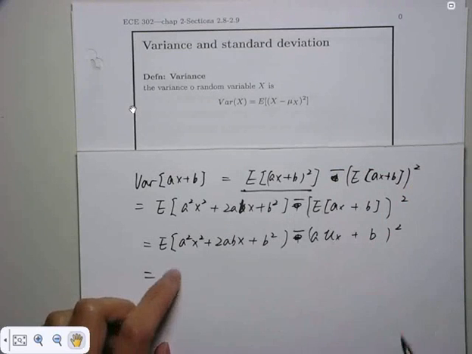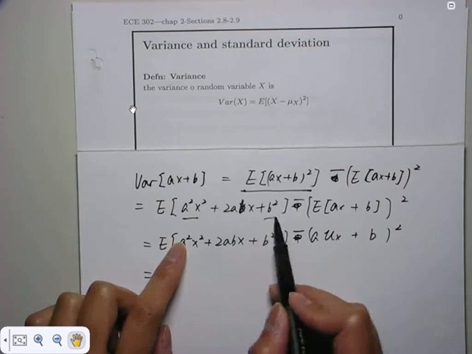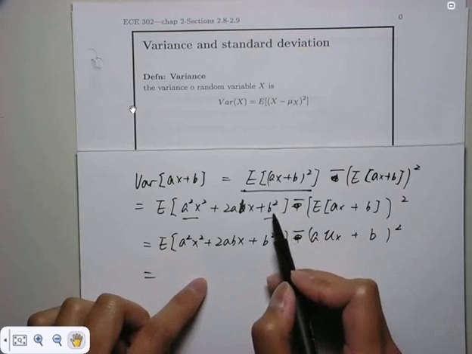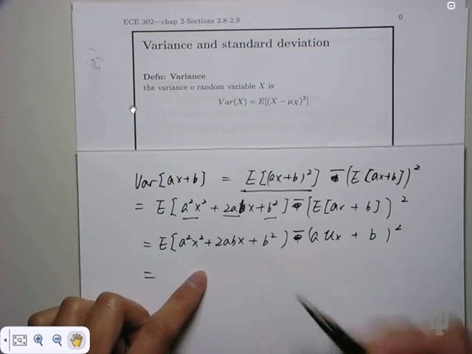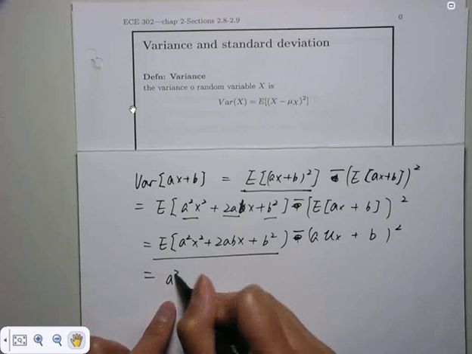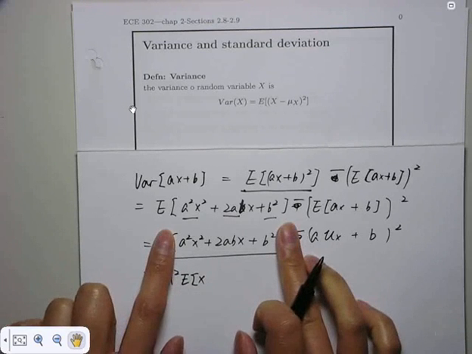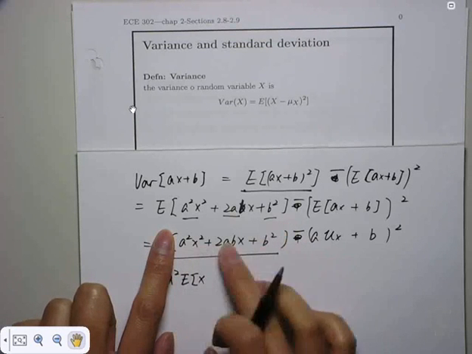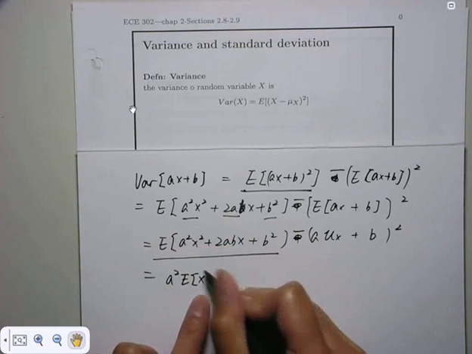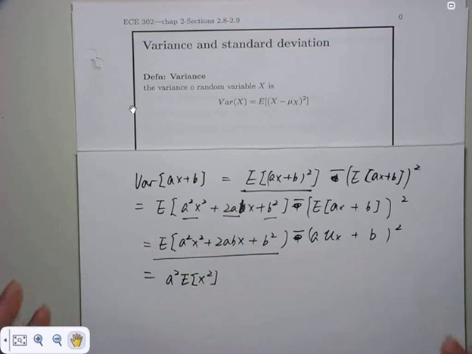So what's this part? a squared X squared, plus b squared, and b is a constant, and a and b are scalars. So I'll write it like this: there will be a squared E of X squared, see, this is linear, right? So I can move the expectation. You will always use that. The expectation of a linear combination is always the linear combination of expectations.